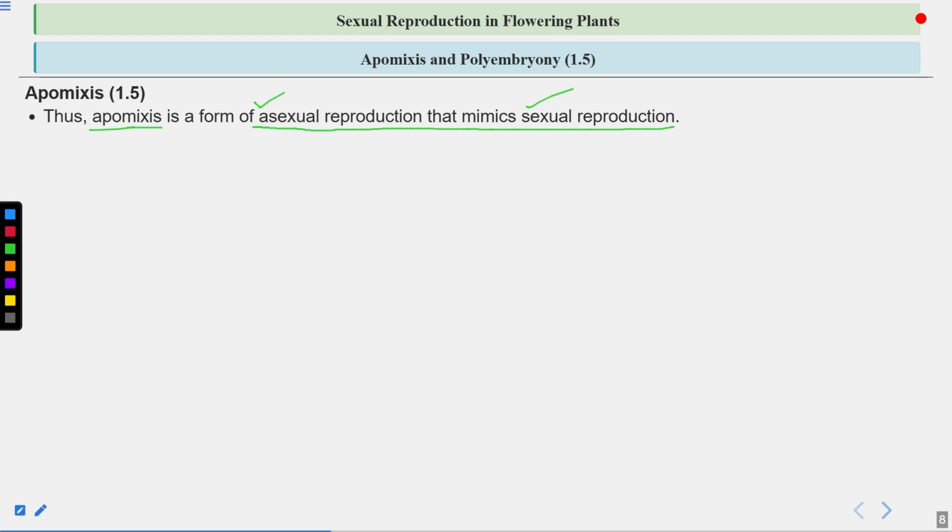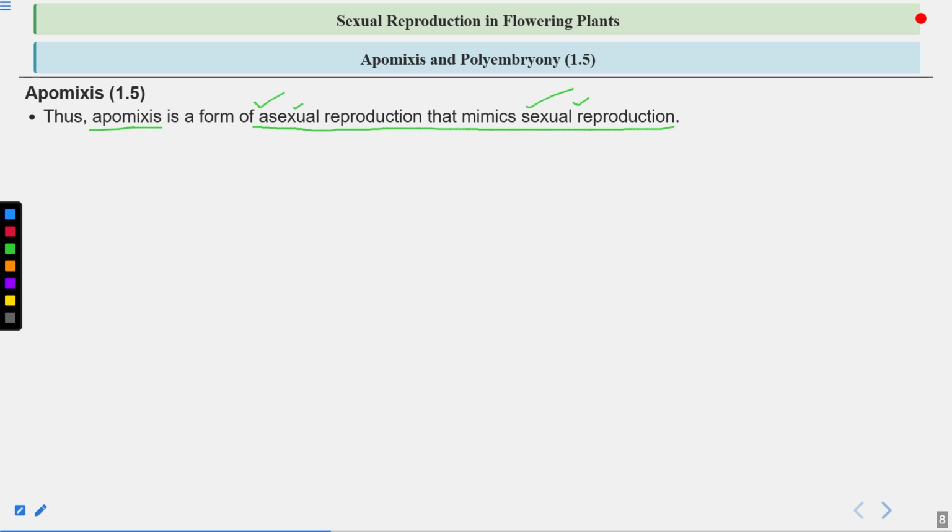That seed is formed by the process of asexual reproduction. So this seed mimics. Mimics means one who makes a copy of someone. It mimics sexual reproduction, because what is the result of sexual reproduction? Seed.